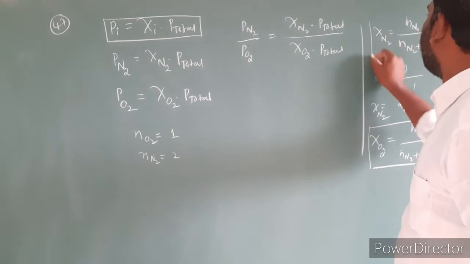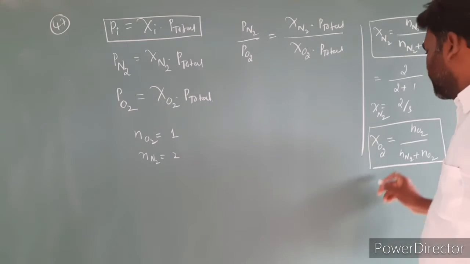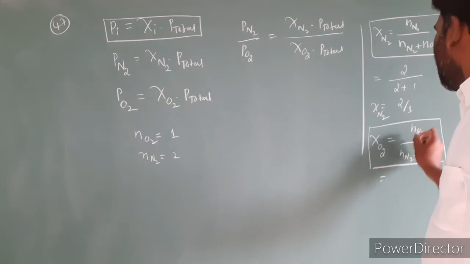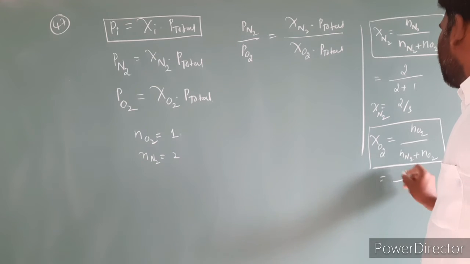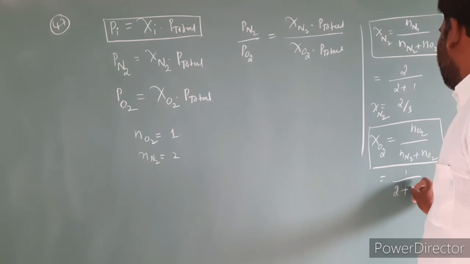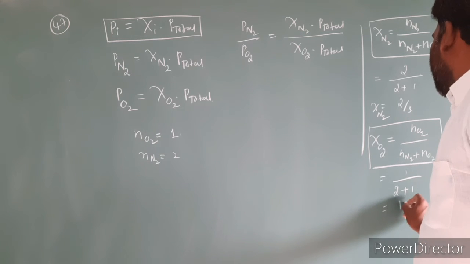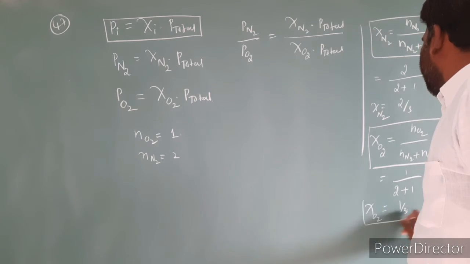Here also I use the same formula. The number of moles of oxygen is 1, so 1 by the total number of moles, 2 plus 1. That is equal to 1 by 3. So the mole fraction of oxygen is equal to 1 by 3.